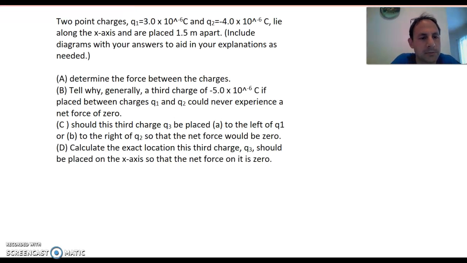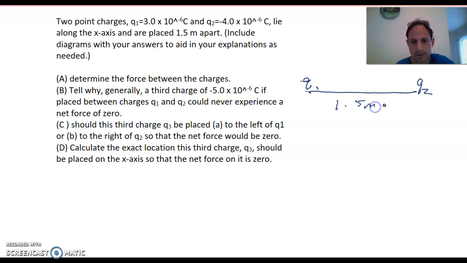Okay, so here's the next problem. 2 point charges, Q1 equals 3.0 times 10 to the minus 6 coulombs, and Q2 equals negative 4 times 10 to the minus 6 coulombs, lie along the x-axis and are placed 1.5 meters apart. Include diagrams with your answers to aid in your explanations. All right, so let's draw this diagram. We got a Q1, we have Q2, and the distance between them, 1.5 meters.